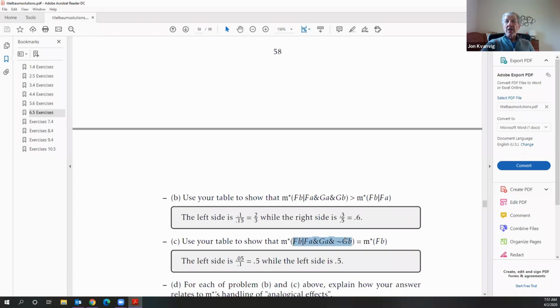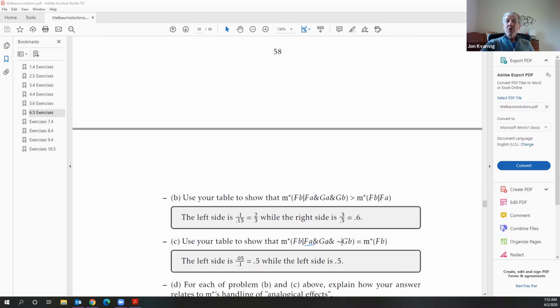There's one line that realizes the conjunction of all four of those, and it has a probability of 0.05. And there are two lines. Let me use my annotator.